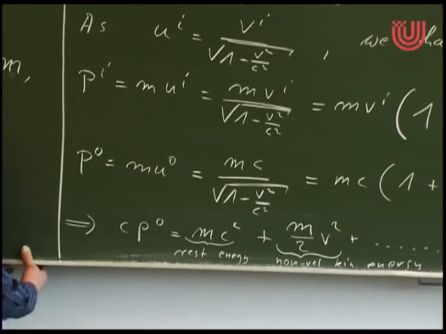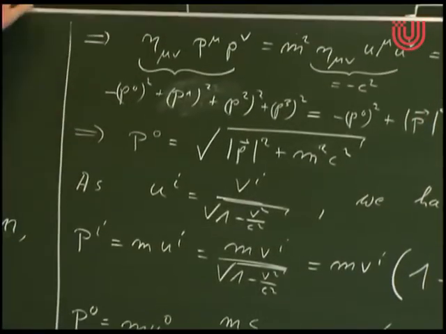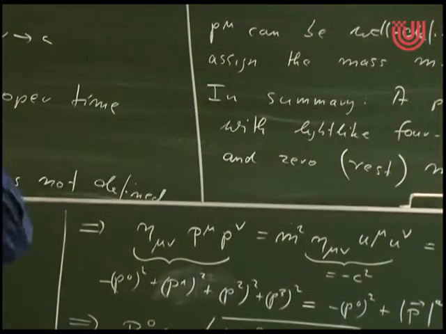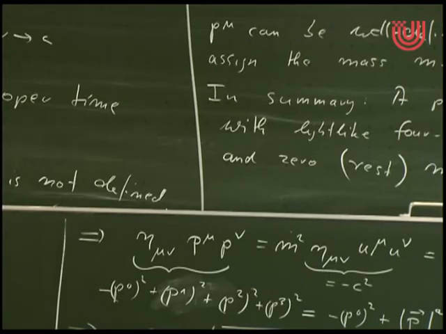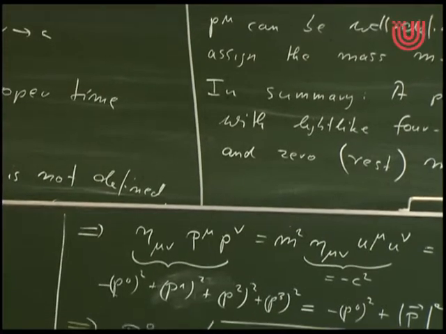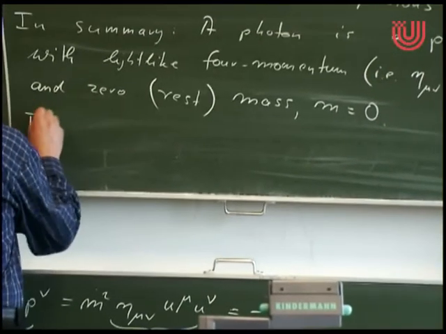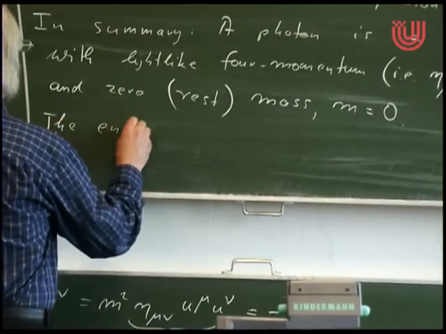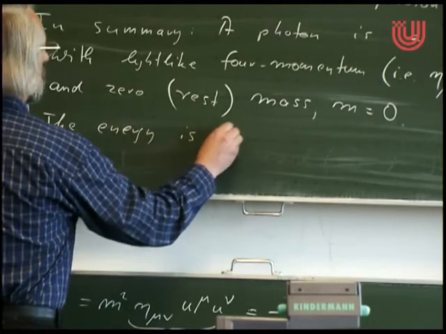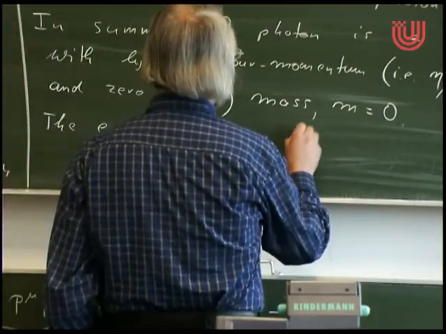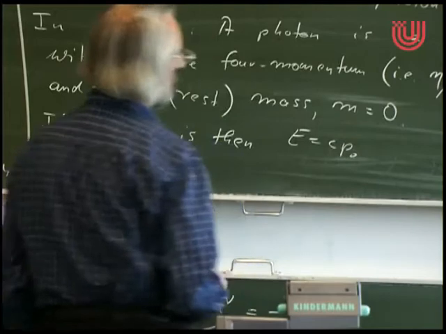And we can now see what we get for the energy of photons. So we can write E is c times p^0.